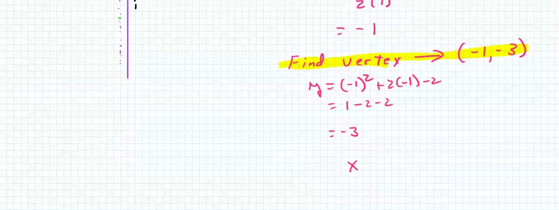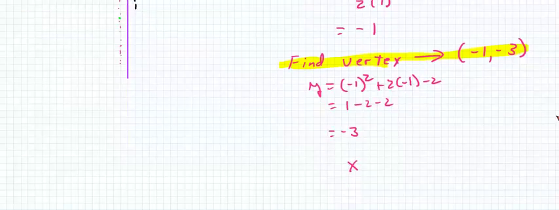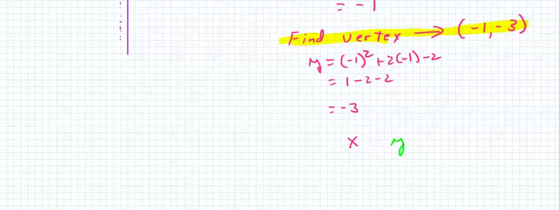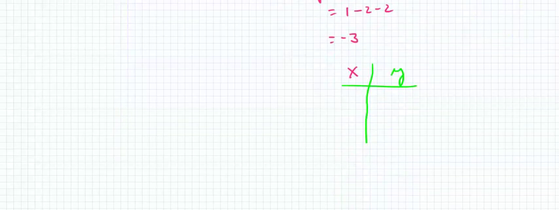So now what we're going to do is pick x values: 1 to the right, 2 to the right, and 3 to the right of x equals -1. Then we're going to try 0, then 1, then 2, and then 3, until we get off our graph.